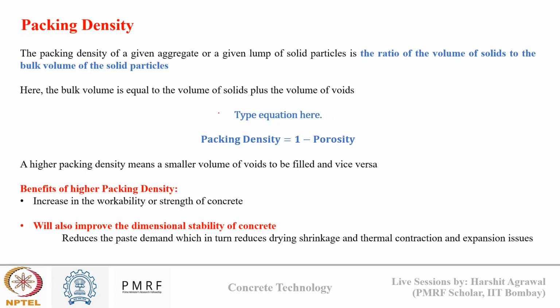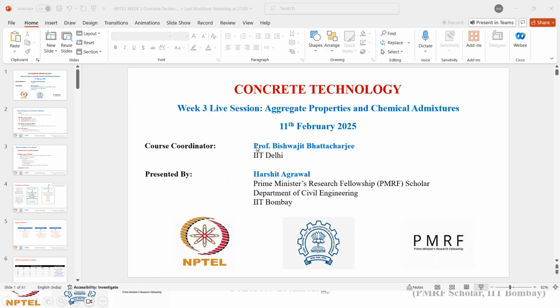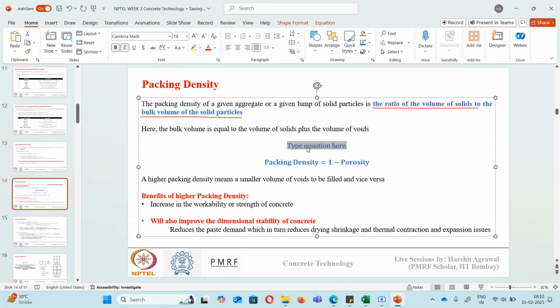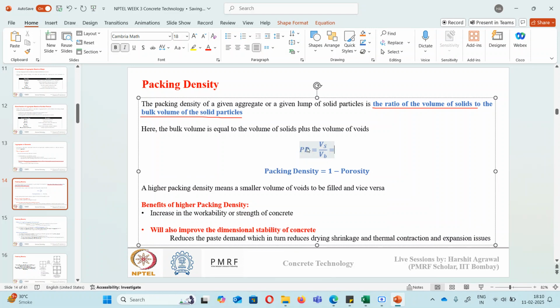Now, if I try to write this definition in mathematical terms, how can I write it? Suppose I am denoting packing density by PD. So PD will be nothing but Vs upon Vb, where Vs is denoting my volume of solid and Vb is denoting my bulk volume.